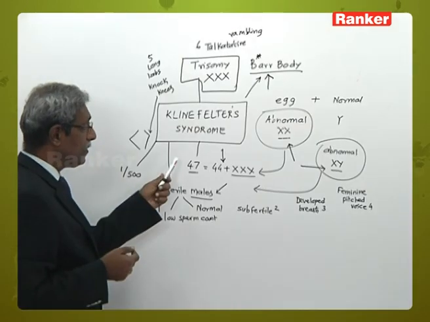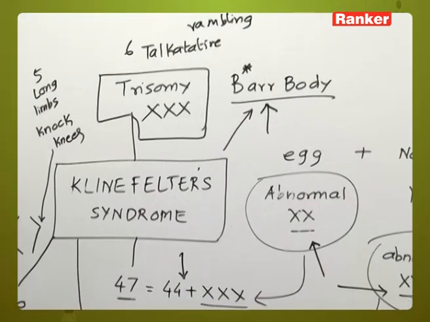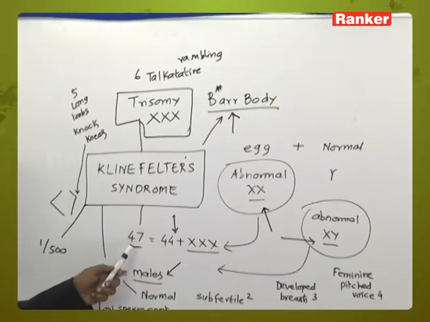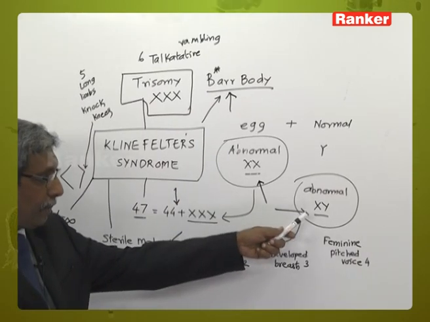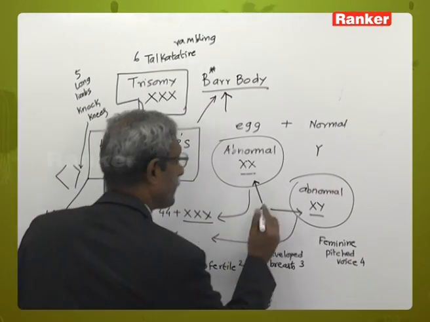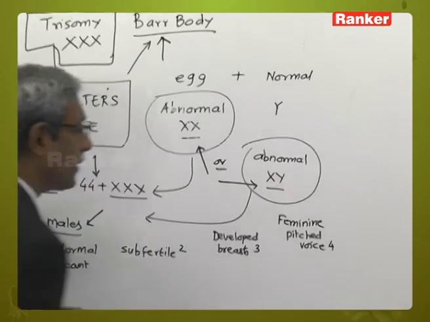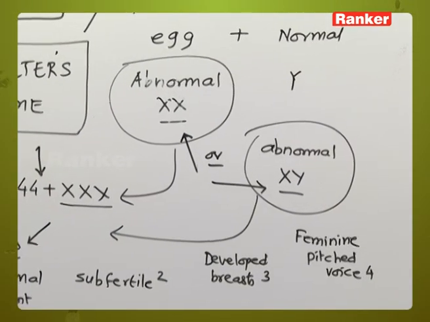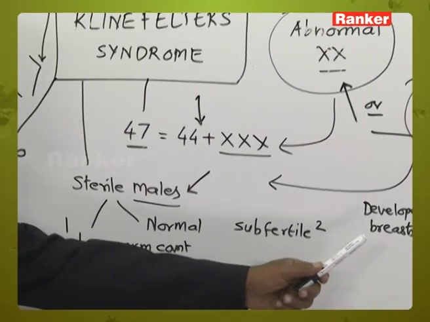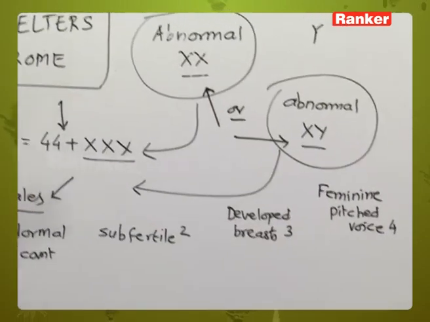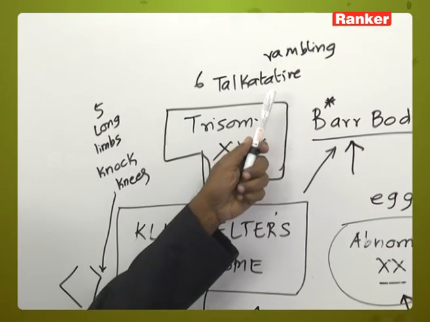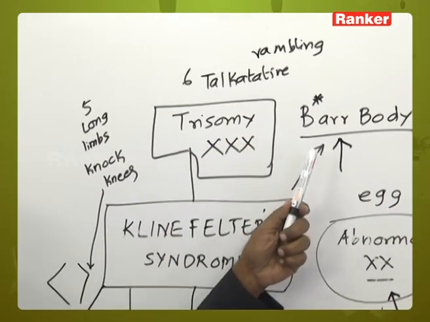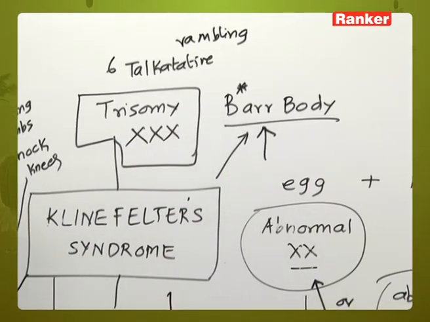These are the basic features of Klinefelter syndrome. In summary, it is 47, 44 plus XXY, with an abnormal XX or an abnormal XY. The features are sterile males, subfertile, developed breasts, female pitched voice, long limbs, a rambling talkative nature, and they are identified by the bar body.